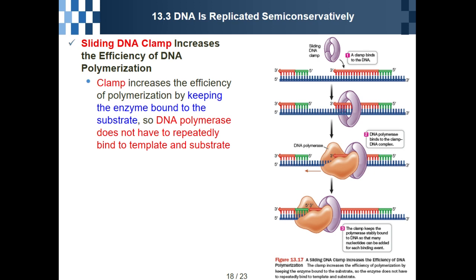However, this sliding DNA clamp binds next to the DNA polymerase. So it means that DNA polymerase does not have to repeatedly bind to template and substrate, because it keeps DNA polymerase 3 bound to the DNA substrate.